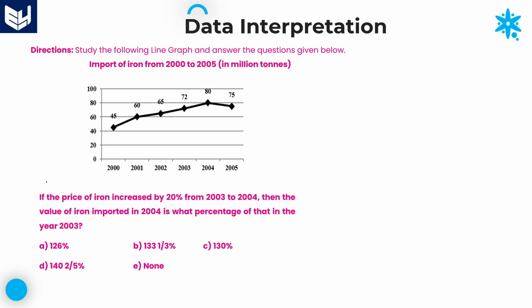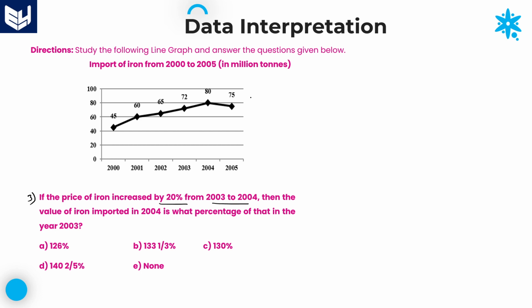Next one. Look at the third question. See here. If the price of iron increased by 20% from 2003 to 2004. Let us consider all the values in the line graph are quantity, it is not the price.